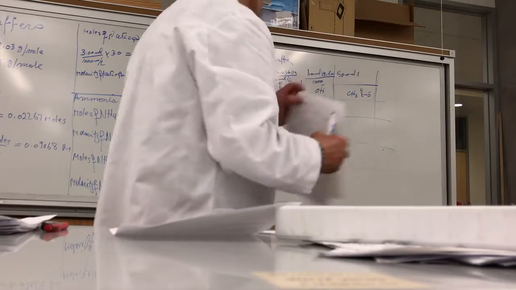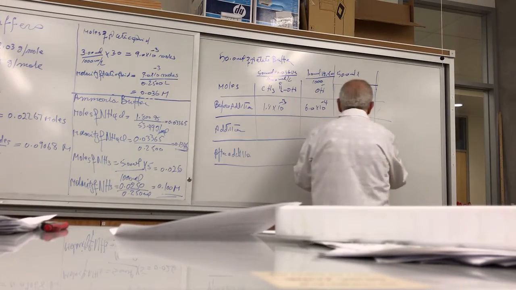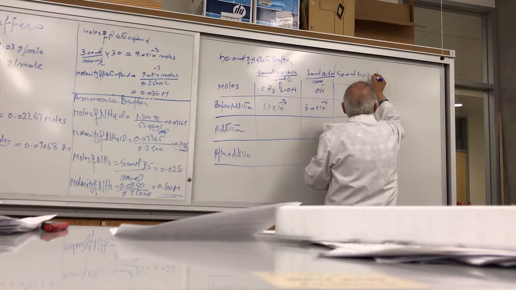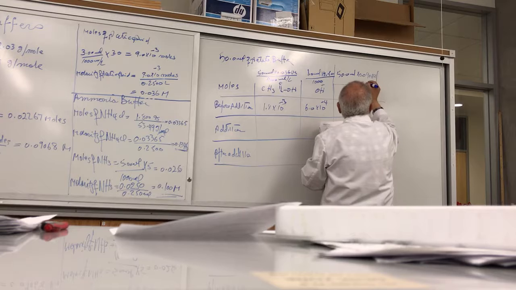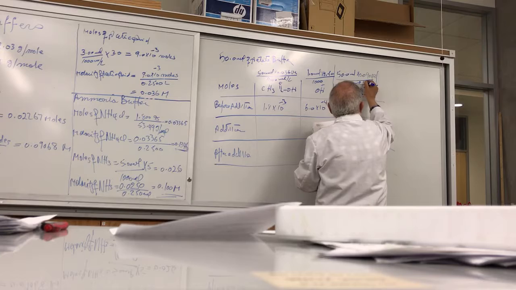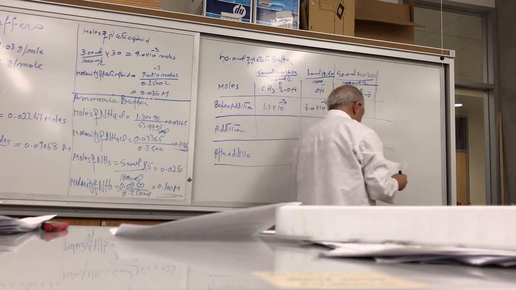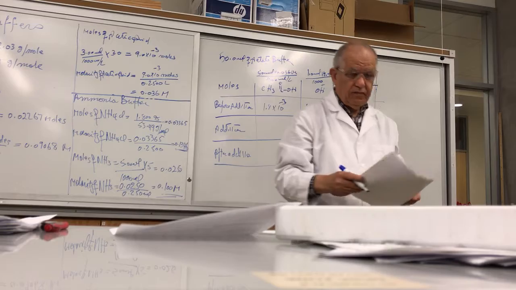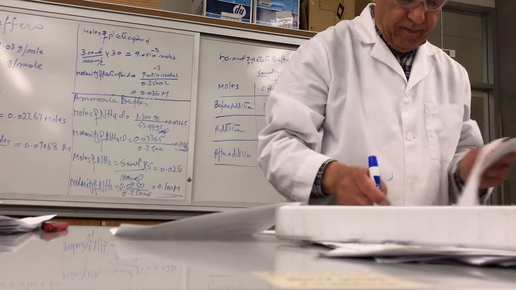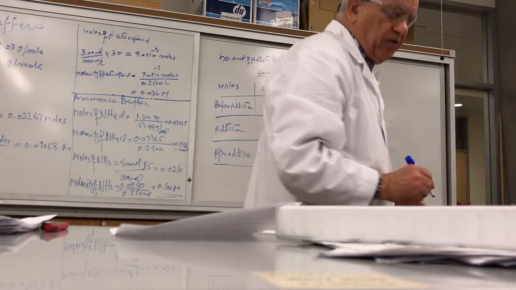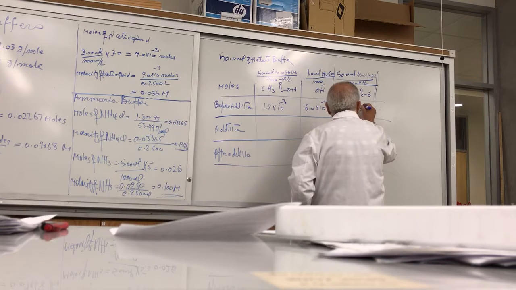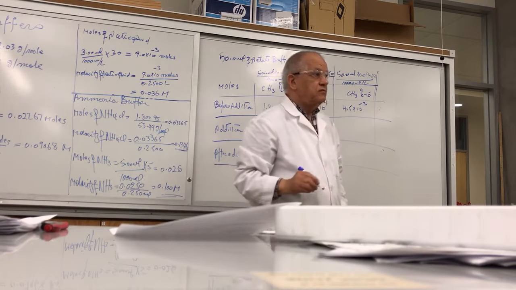That's the correct number. So this here times 0.09068 and divided by 1,000 milliliter per liter, and your number comes out 4.5 times 10 to the minus 3 moles.